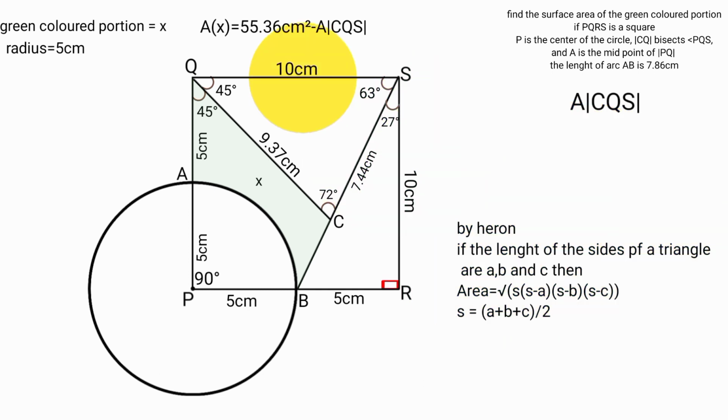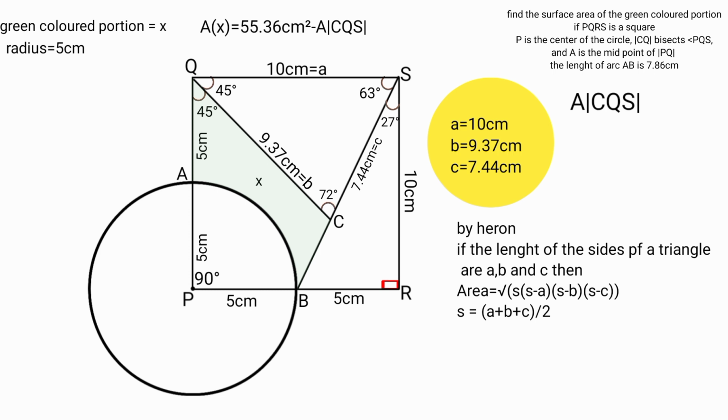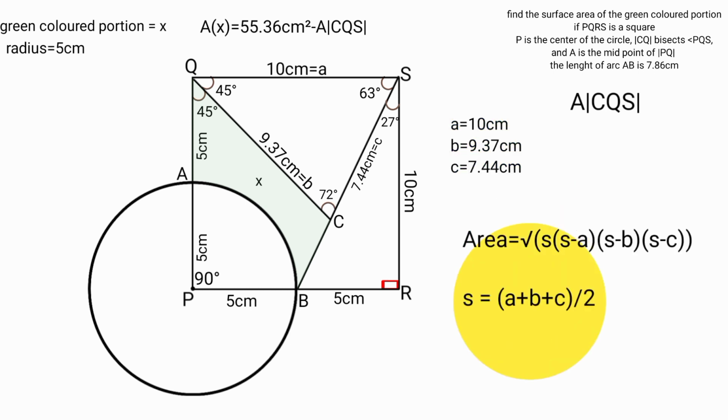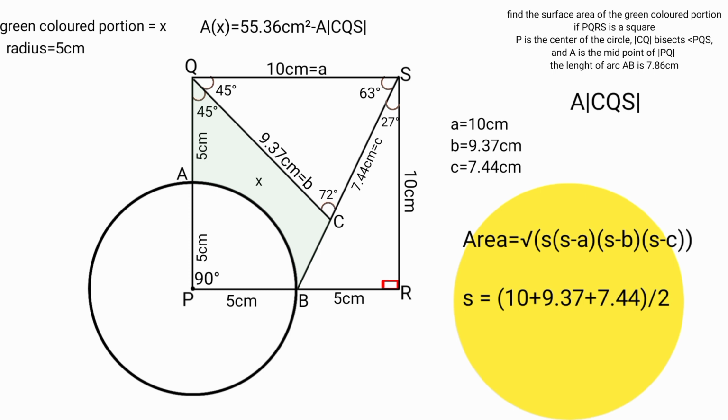So letting this be A, this B, and this C: A equals 10 centimeters, B equals 9.37 centimeters, and C equals 7.44 centimeters. Substituting to find S, S equals 10 plus 9.37 plus 7.44 all over 2, which equals 13.405.